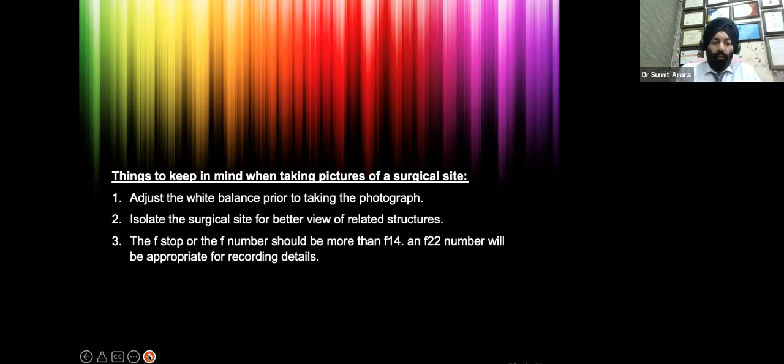Now, things to keep in mind when taking picture of the surgical site: adjust the white balance prior to taking the photograph. When we are doing surgical site and we know which setting is required, which F number is required, which ISO is required, we just need to click it, and the patient, there is no need to wait. We just click it in few seconds, and then the whole thing is done.